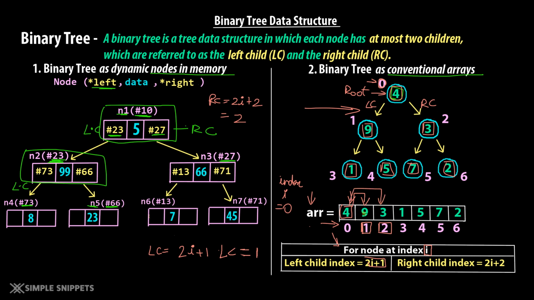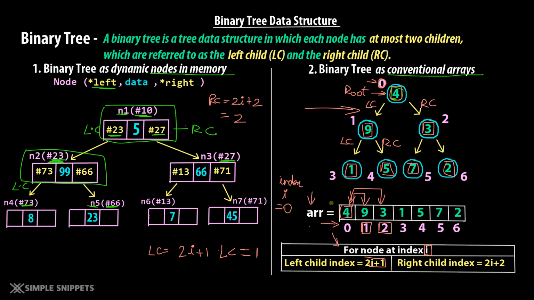Now again, for 9, you have a left child and right child. So how do you calculate where you store these children in the array? With the same formula. And the formula is shown over here on the screen. You can try and apply it yourself, and you'll get the different index positions where the values have to be stored for the left and right child for every node. And this is how you can store data in an array for a binary tree.